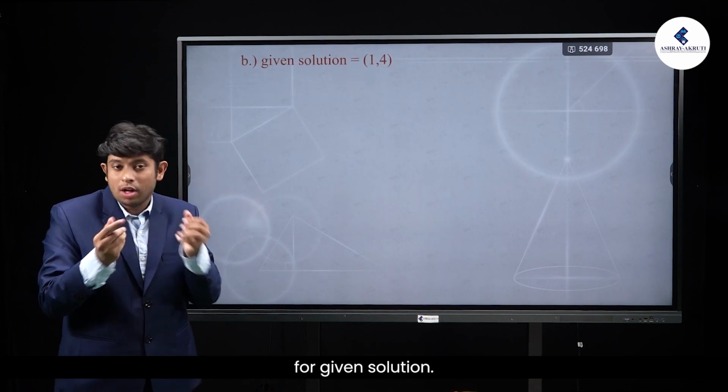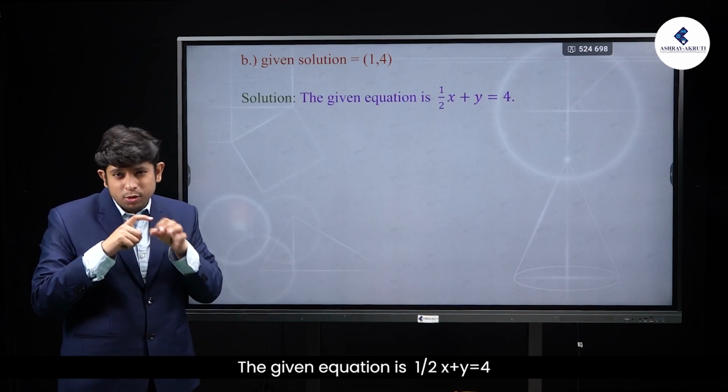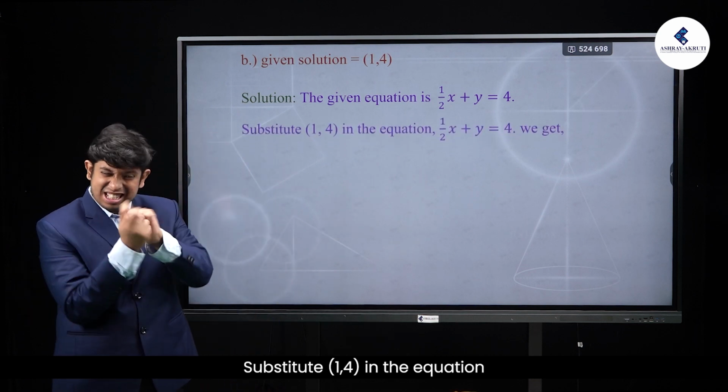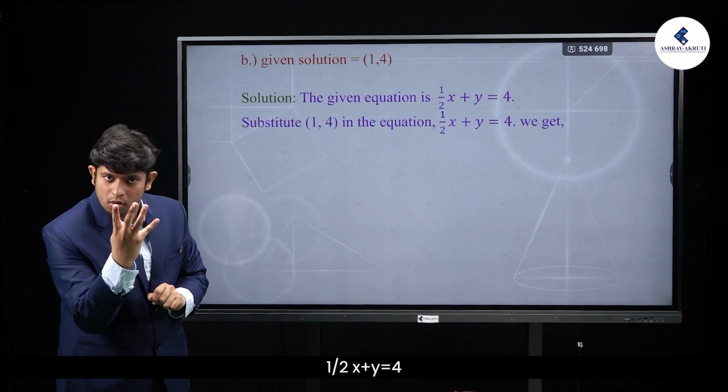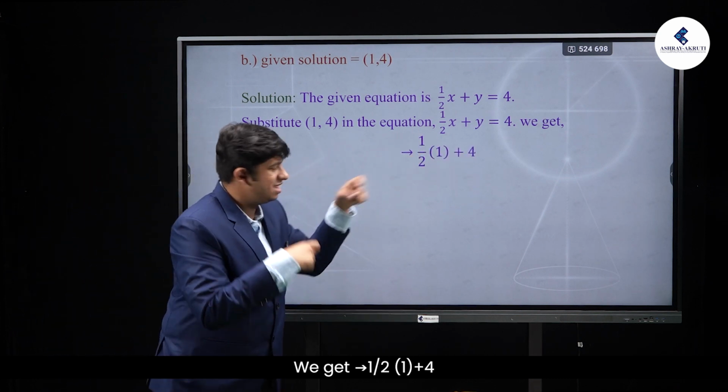For the given solution (1, 4), the given equation is 1/2 x + y = 4. Substitute (1, 4) in the equation. We get 1/2 × 1 + 4.